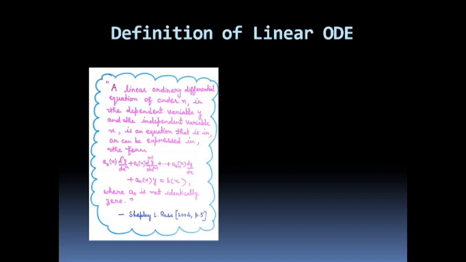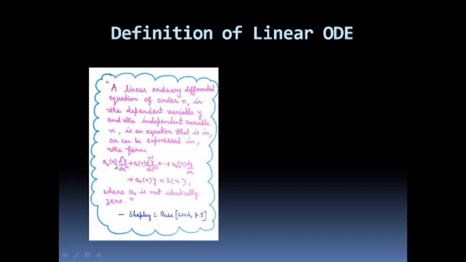As per S.L. Ross, a linear ordinary differential equation of order n in the dependent variable y, independent variable x, will be an equation of this form: a0(x) dⁿy/dxⁿ + a1(x) dⁿ⁻¹y/dxⁿ⁻¹ + ... + an(x) y = b(x), where all these a0, a1 up to an, and also b on the right side, are functions of x.